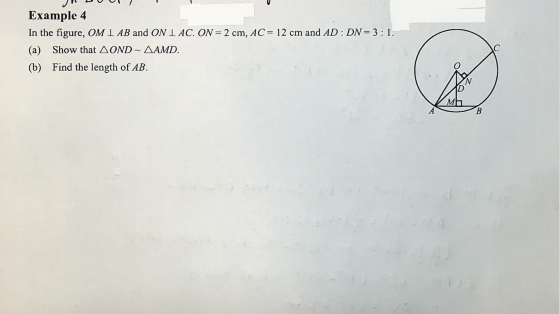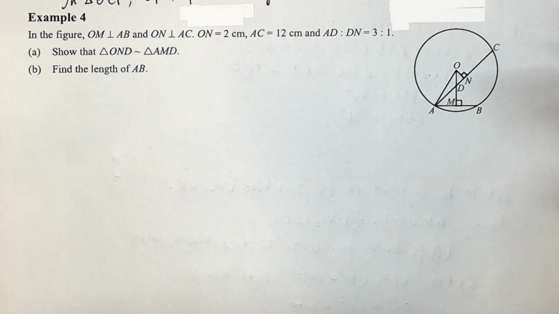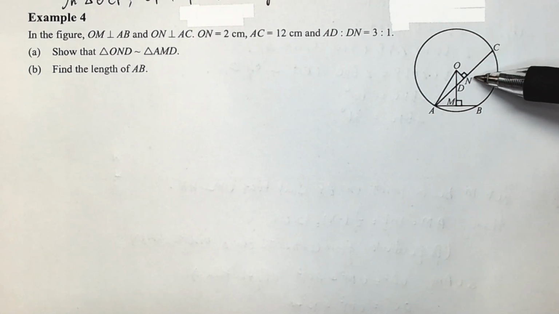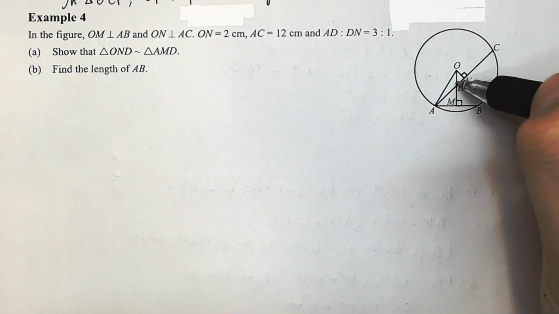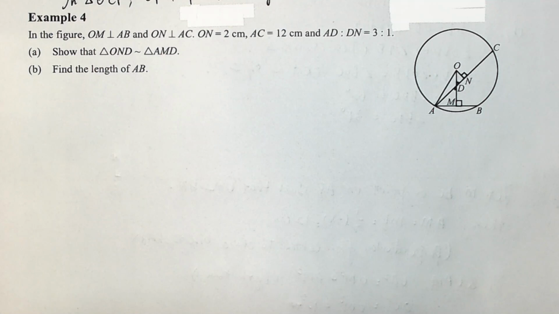So I can write angle ONA is 90 degrees. And also, triangle OND and triangle AMD have a pair of opposite angles, and these 2 angles are equal. So we have 2 pairs of equal angles, and that's enough for us to conclude a pair of similar triangles.